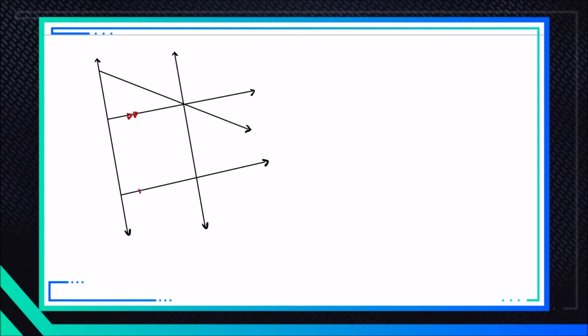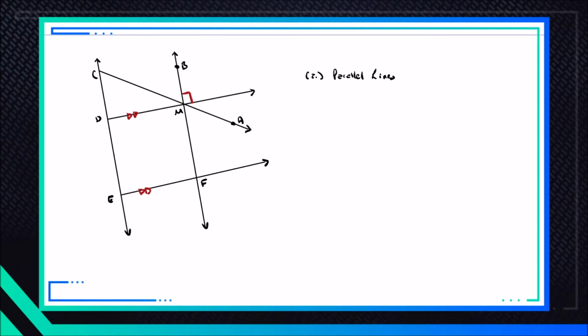This line and this line are parallel, and this angle right here is a right angle. We're going to have point A, point B, and then we're going to have C, D, and E, F, and then M up there in the corner. First, let's name a set of parallel lines.